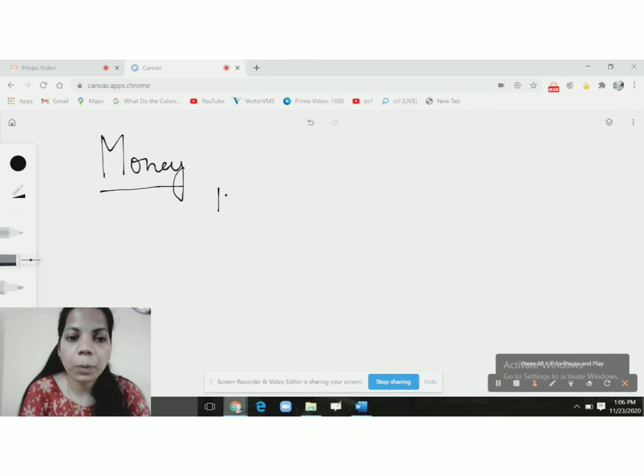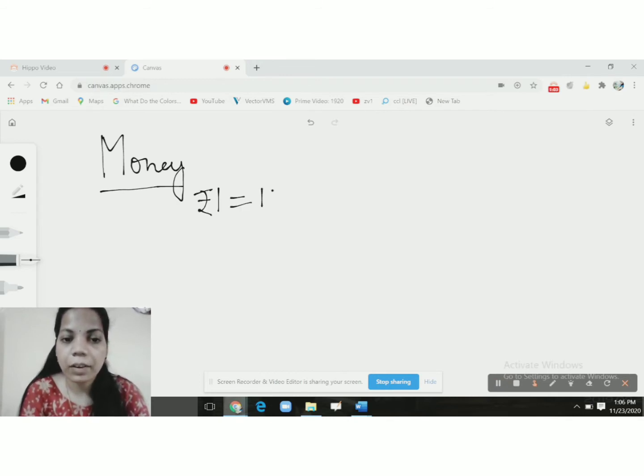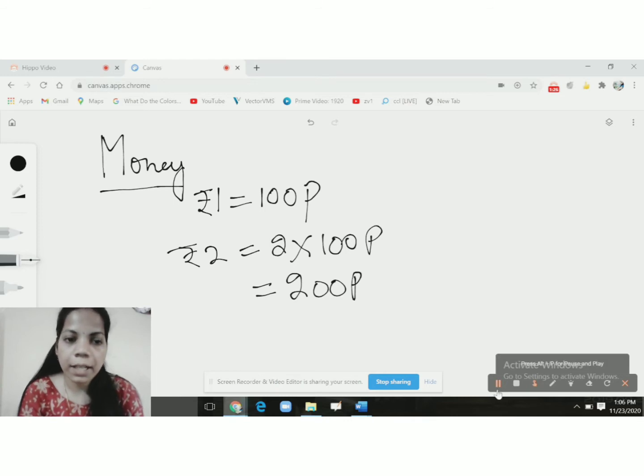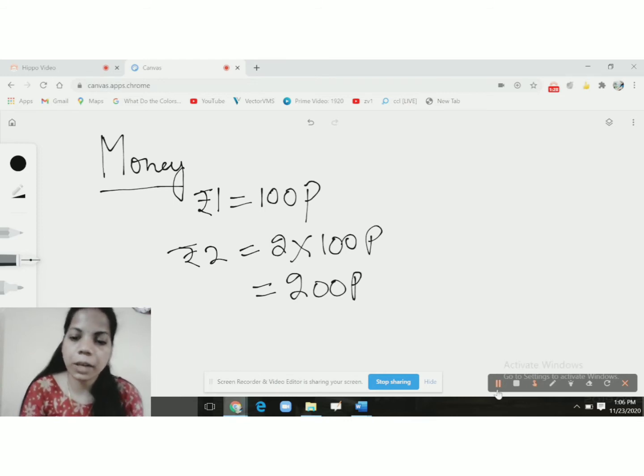So 1 rupee is equal to how many paise? 100 paise. 1 rupee is equal to 100 paise. So 2 rupees is equal to how much? 2 into 100, right? That means 200 paise. 1 rupee is equal to 100 paise. 2 rupees is equal to 200 paise.